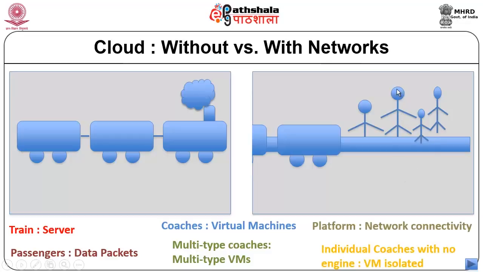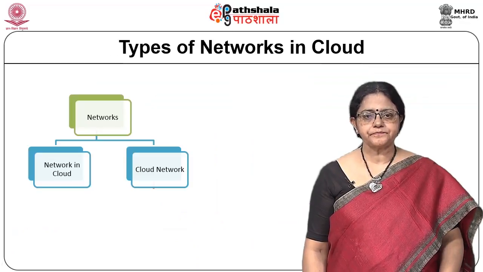So, the platform is our network connectivity, which allows us to drop some packets and bring some new packets into the network and go to the next station. So, just as a railway train is not useful without a platform, similarly without networking, a computer as such is not useful. Definitely a cloud cannot work without networking.